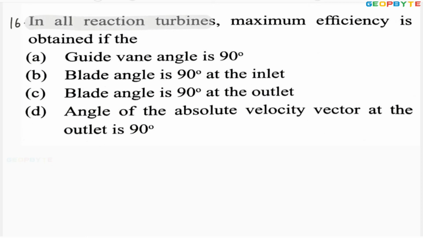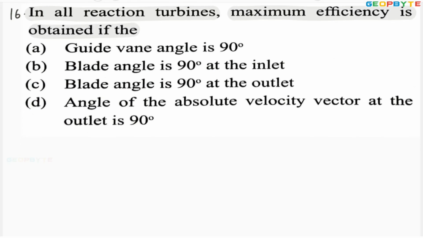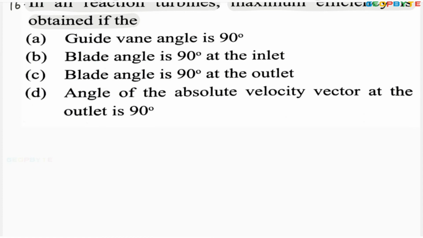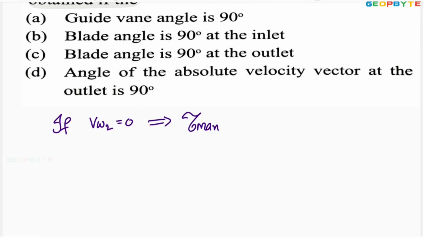In all reaction turbines, maximum efficiency is obtained. Dear friends, in reaction turbines, if Vw2 equal to 0, the efficiency becomes maximum efficiency. For example, if beta equal to 90 degrees.